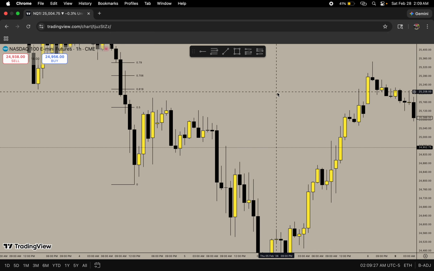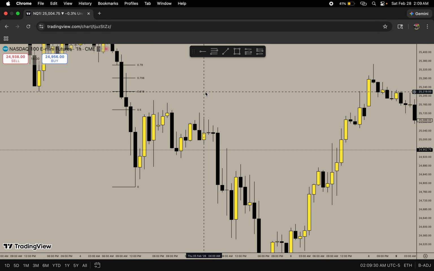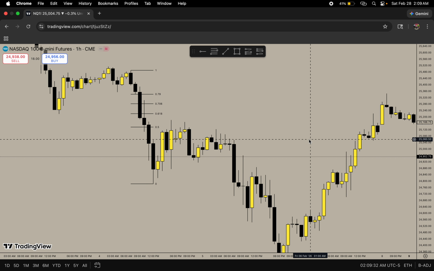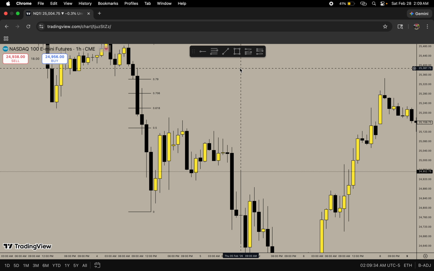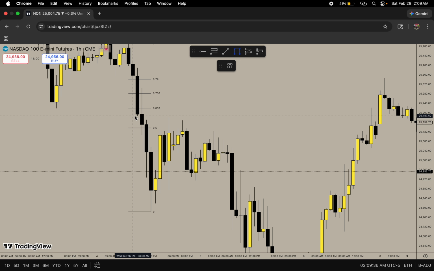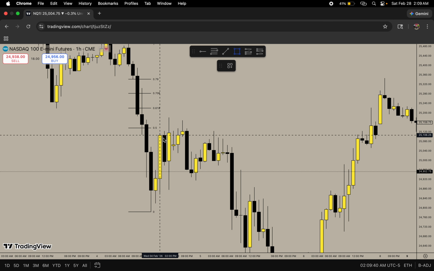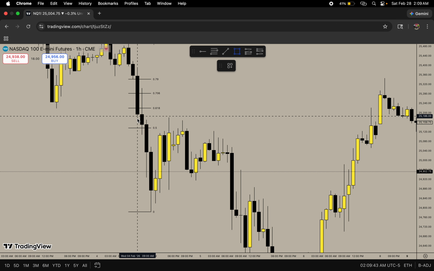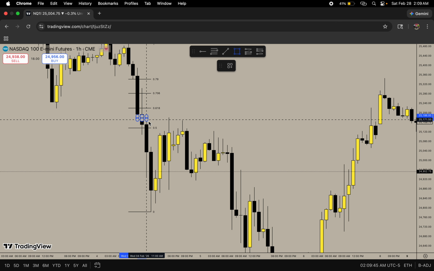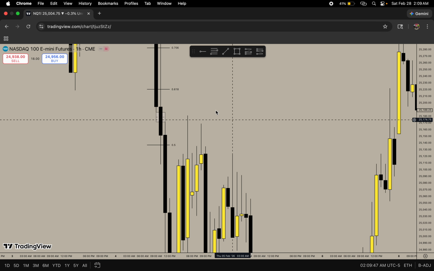Mind you, this is the 1 hour chart because I forgot my login, so I don't really have the replay account. The phone's not going to show me that much data. Okay, let's see, price trades back into here. We have this gap here, I guess you could use.